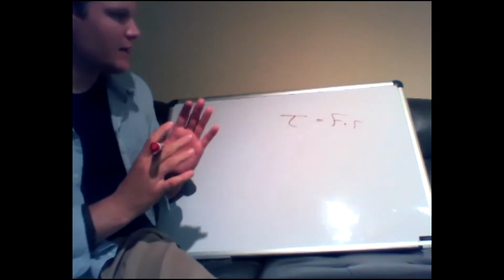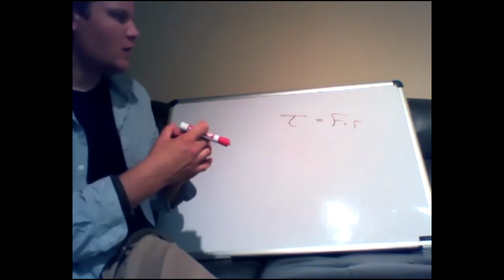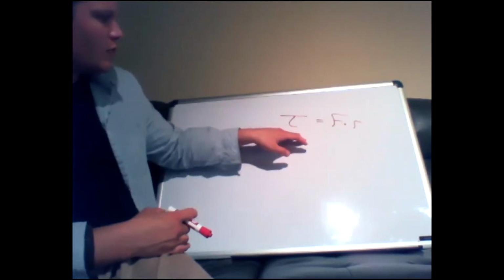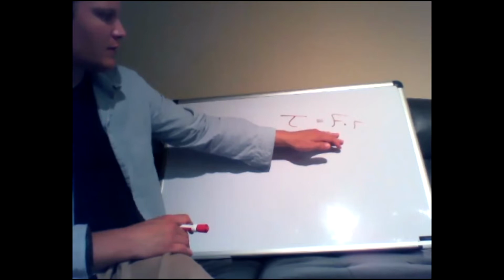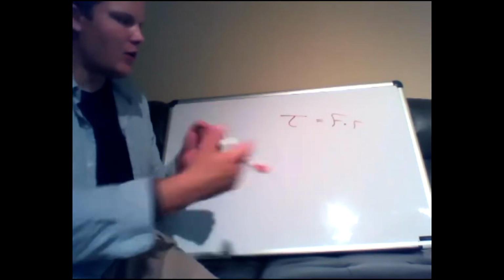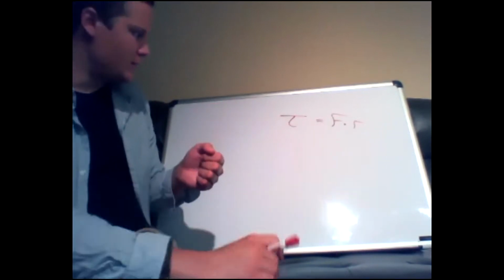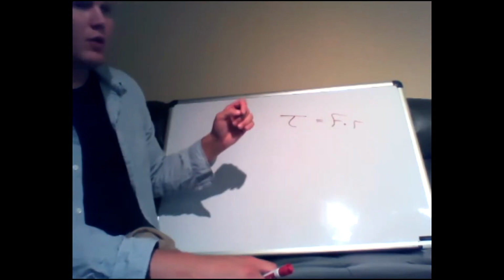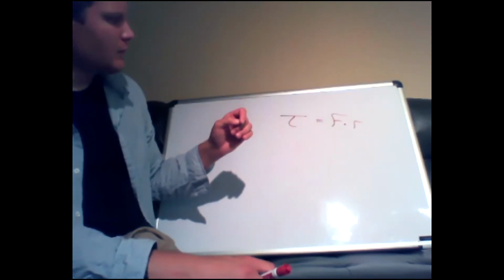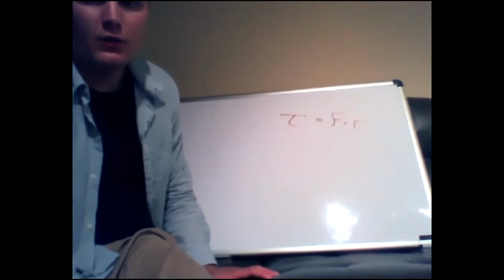So if we can increase the length of that wrench, we can get a greater torque out of it given the same force. So the longer that arm or that wrench is, the greater amount of torque that you can get out of it.